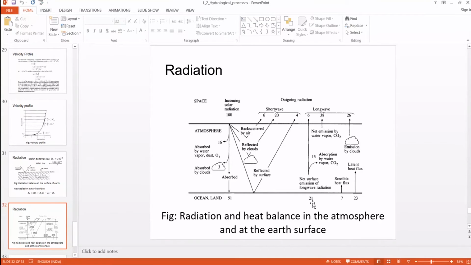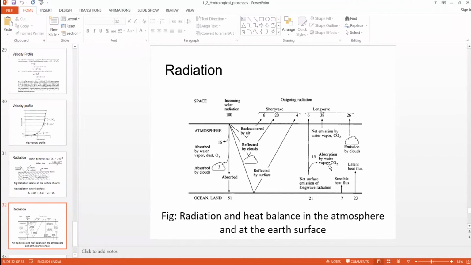These 21 units are absorbed by water vapor and CO2 in the atmosphere. So the total of 51 plus 19 is 70 units, and that 70 units goes back to space as long wave radiation. The 23 coming from here, plus 3 from other sources, goes back as 26.